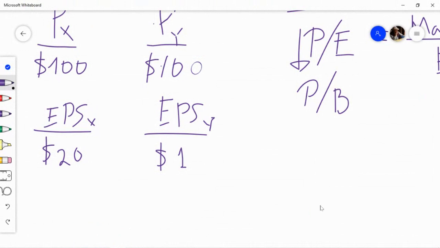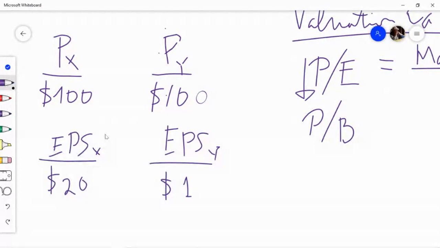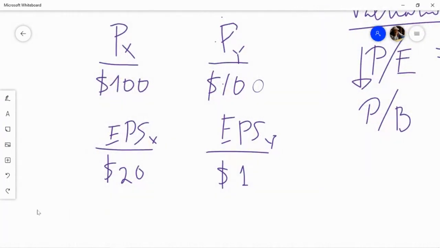Think about it. And then think about the price earnings ratio here. Let me put it like this.